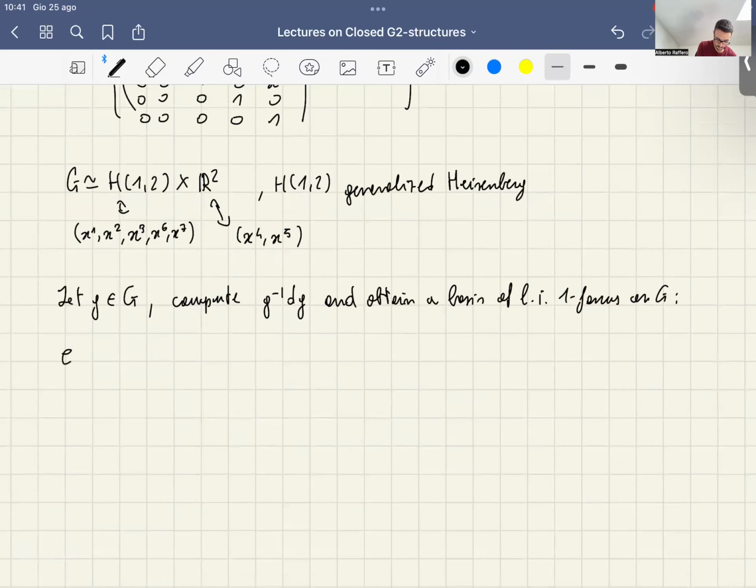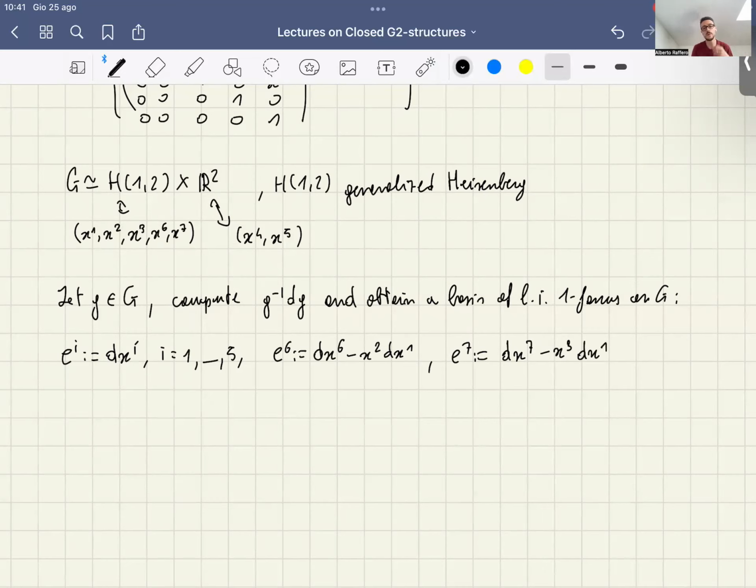Let me call them e^i with upper index. So these are equal to dxi for i going from 1 to 5. e6 is equal to dx6 minus x2 dx1, and e7 is equal to dx7 minus x3 dx1.